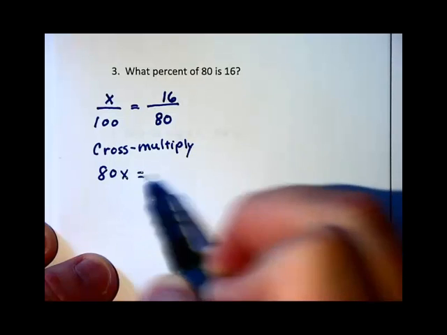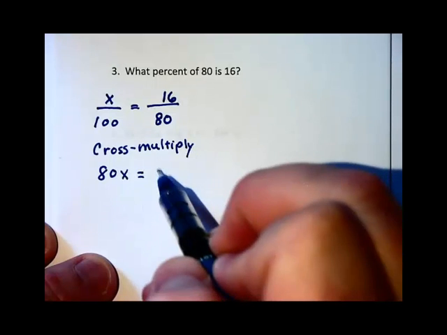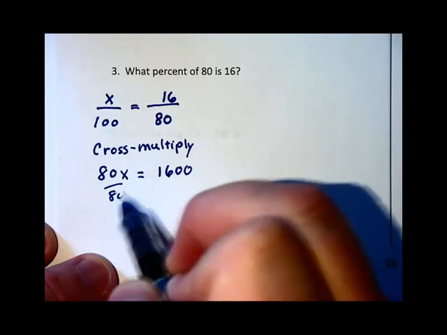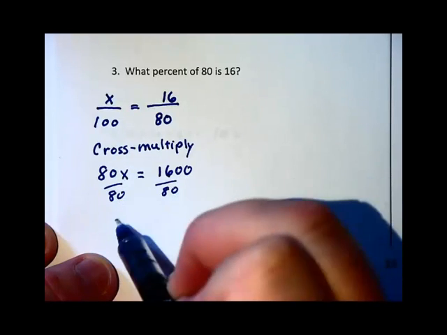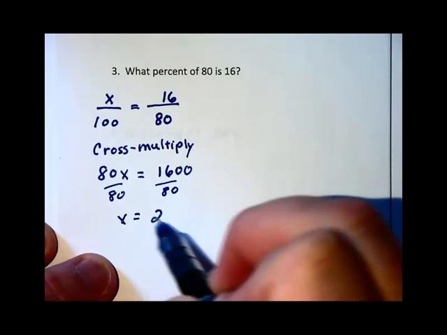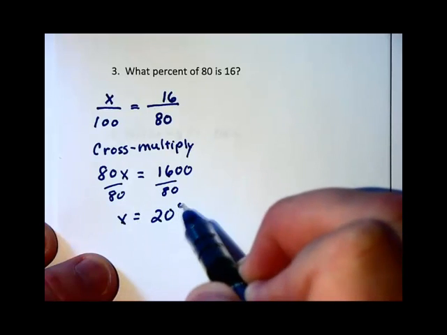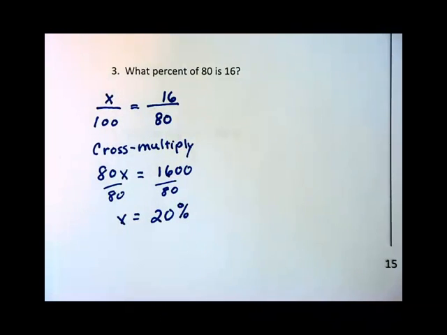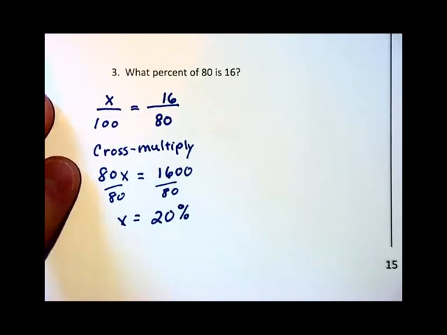The other diagonal would be 100 times 16, which is 1,600. And then dividing each side by 80, I would have x equals 20, and since we're finding the percent number, I will put the percent sign on to label it. Done. That's how you solve these proportions, using this percent number formula.